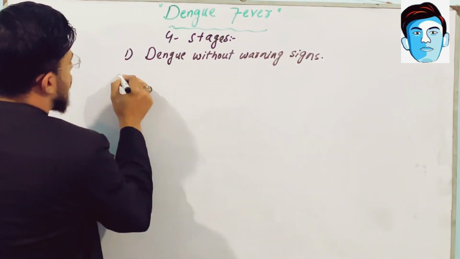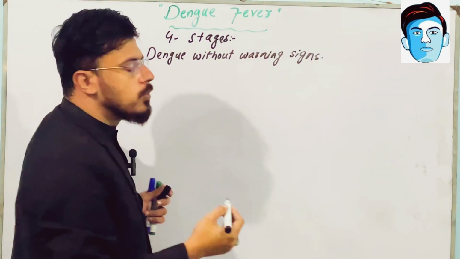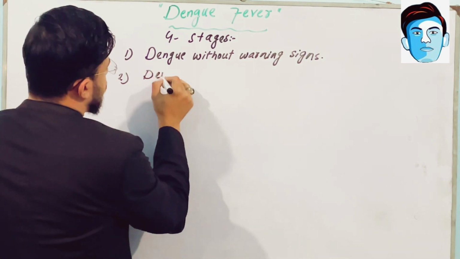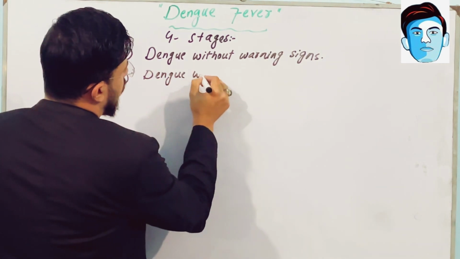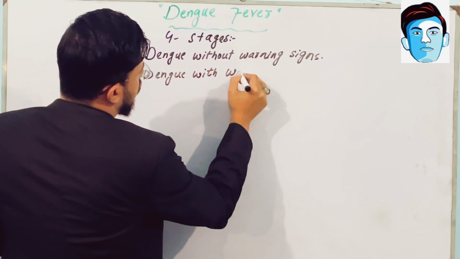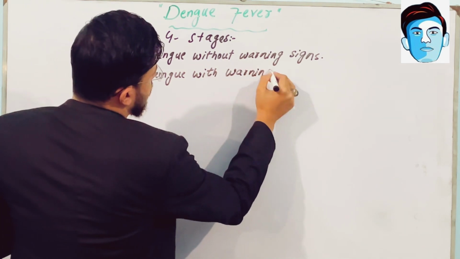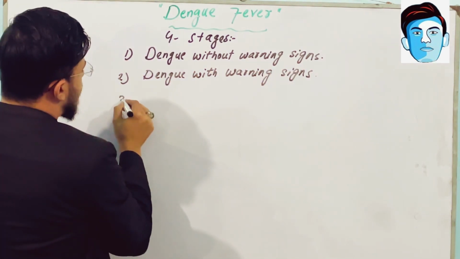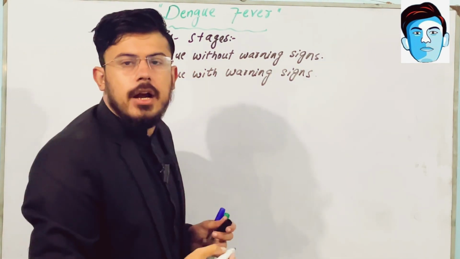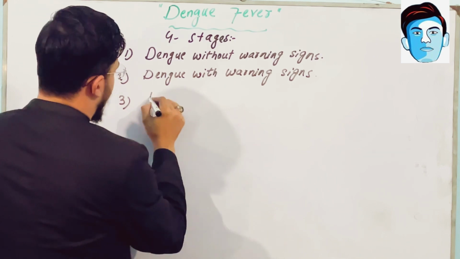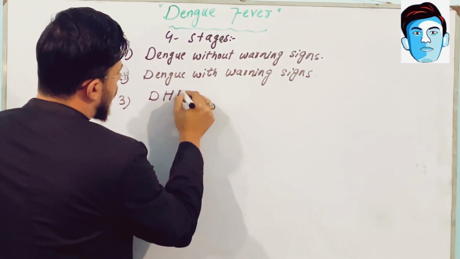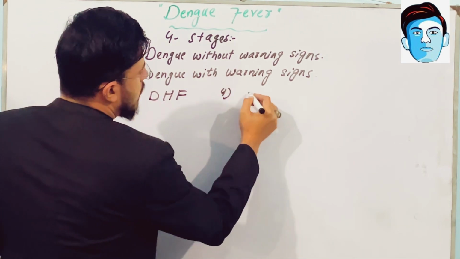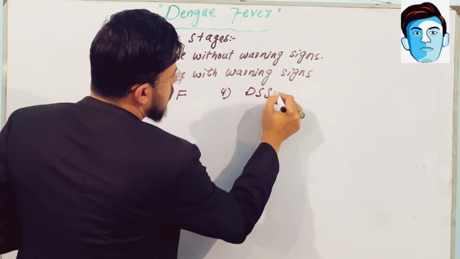The second stage is dengue with warning signs. The third stage is called dengue hemorrhagic fever, and the fourth stage is dengue shock syndrome.